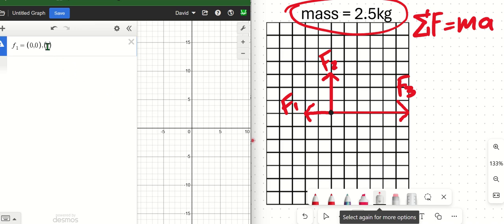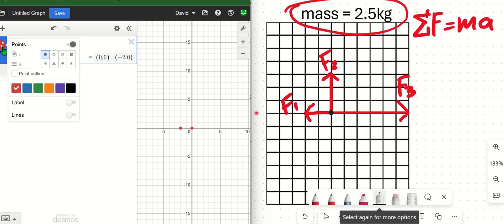So this is going to be -2. And there is no vertical component. There's no part of this that is in the up and down direction. So I'm going to put -2, 0. And now I click and hold on the red circle, add the line, and now I can see my vector right here. This is this F1 vector. It's represented on my Desmos graph exactly like how it's on here.